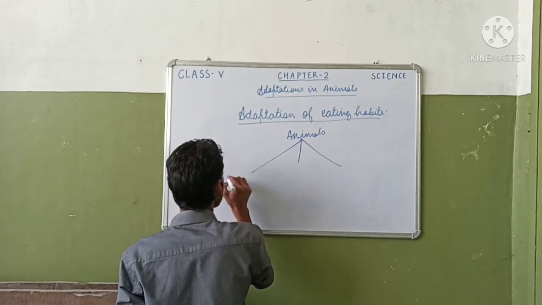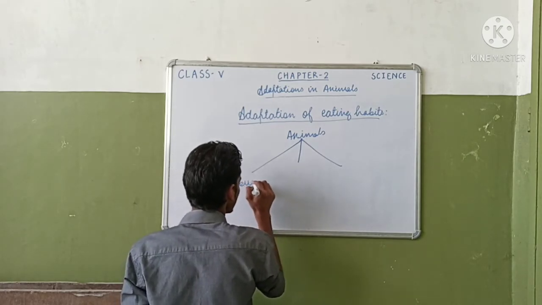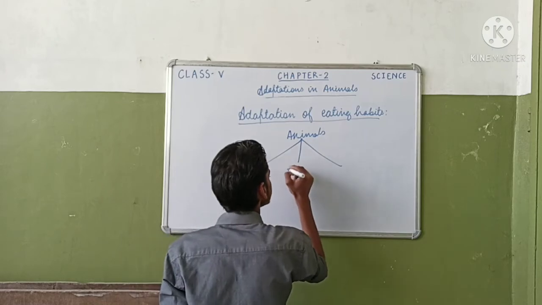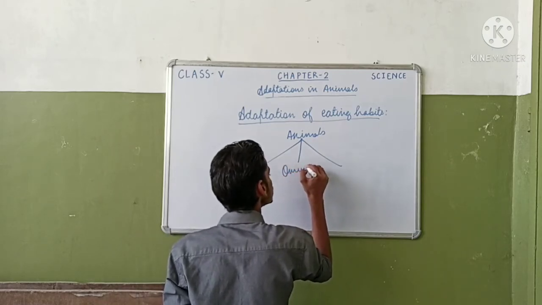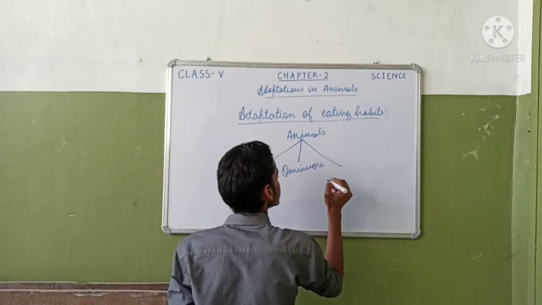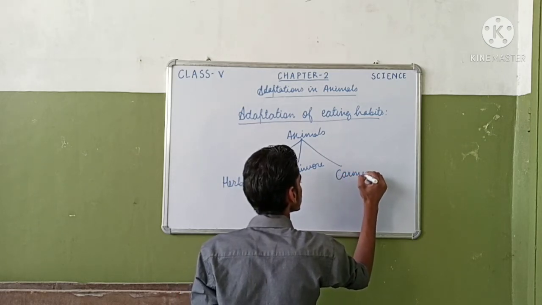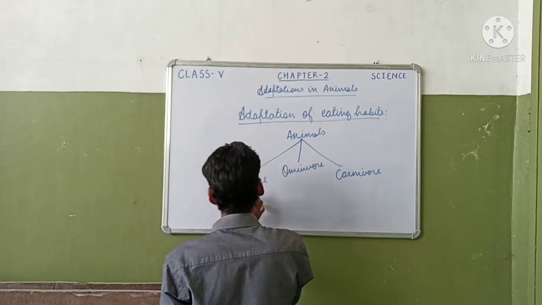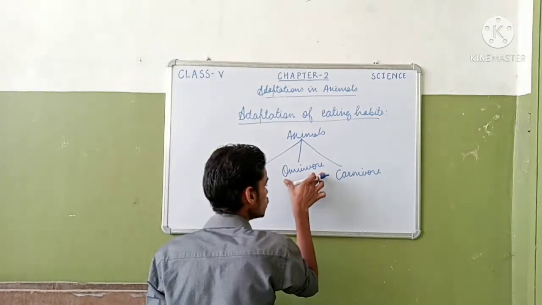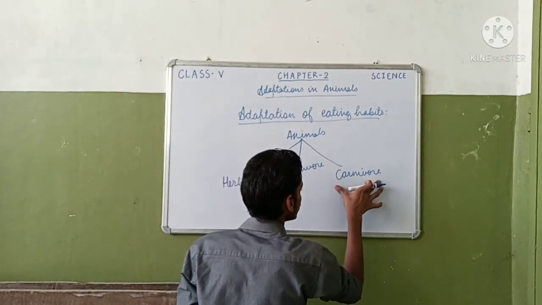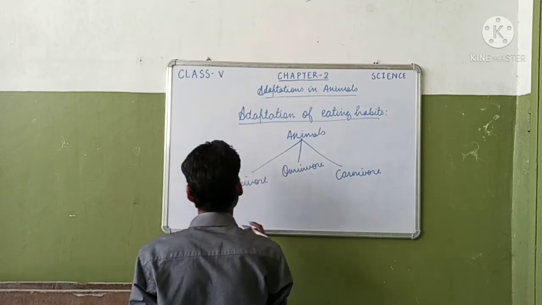First is herbivore, second is omnivore, and third is carnivore.